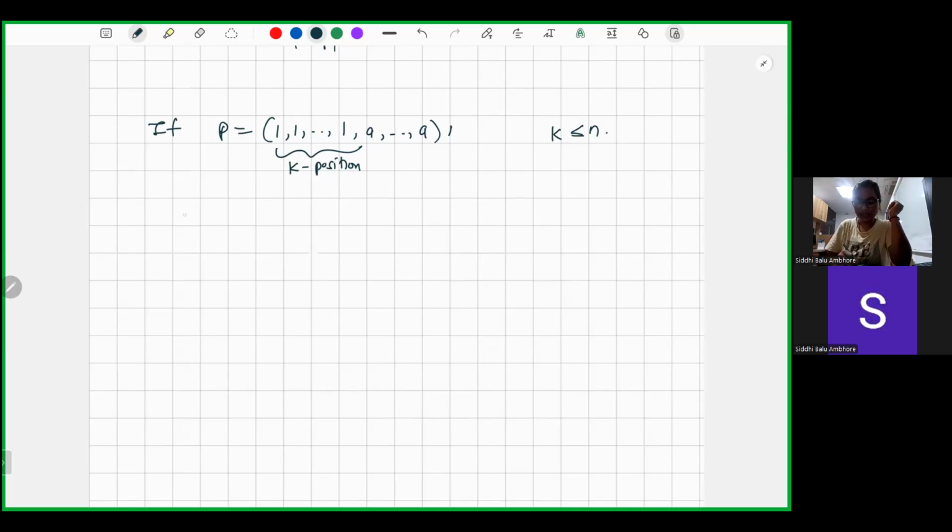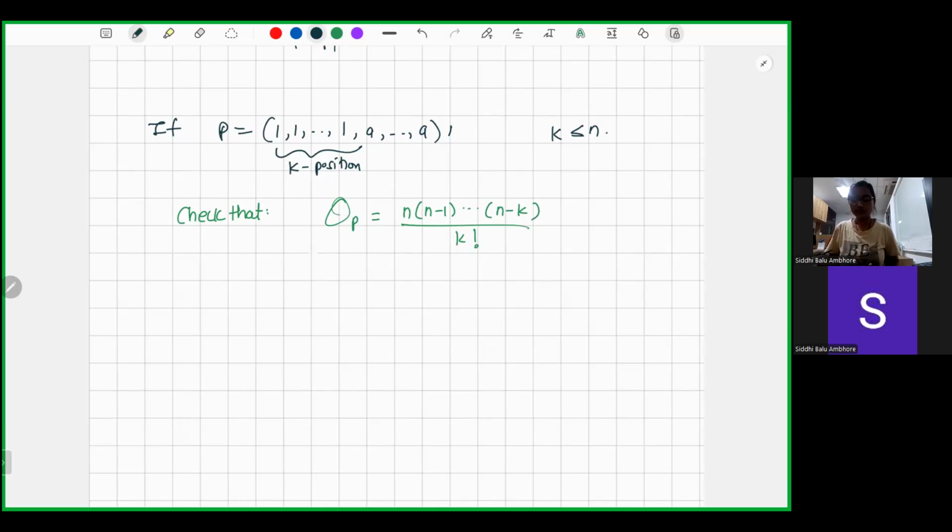And you can check that in this case, the orbit of this P is n minus 1 choose k, that is, (n minus k) by k factorial. Okay, you can check this. You can also try to see this using examples and also try to prove it.